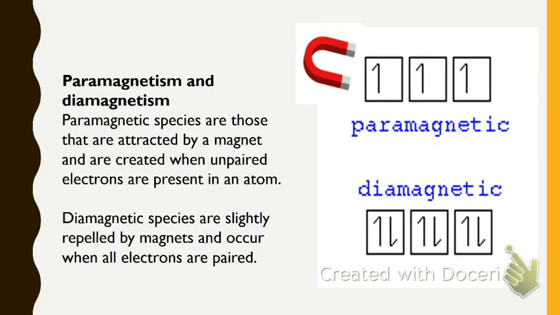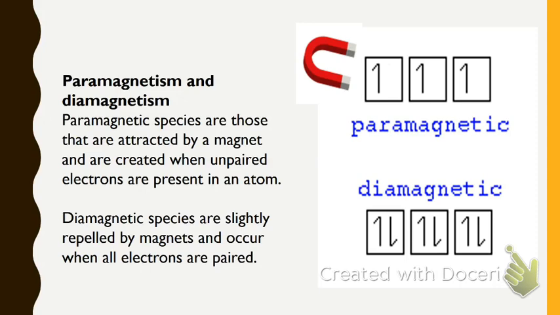Two terms that you have not heard before are paramagnetism and diamagnetism. Paramagnetism is when you have unpaired electrons, and they are attracted to a magnet, hence the magnet by the unpaired, like my little visual there. Diamagnetic means all the electrons are paired, and they are actually repelled slightly by a magnet and not attracted to it. When you're looking at your periodic table, you can figure out just based on where they are if they're diamagnetic or not.